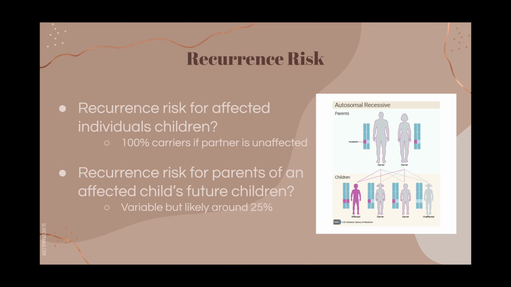And if I were to ask you what the variable was, it would be that carrier testing needs to be ordered for the parents. As I mentioned earlier, there are some cases of de novo mutations. So if that were the case, then it'd likely be around population risk rather than 25%. But again, there are certain things about this disorder that have not yet been discovered, so these numbers could change in the future with further testing.